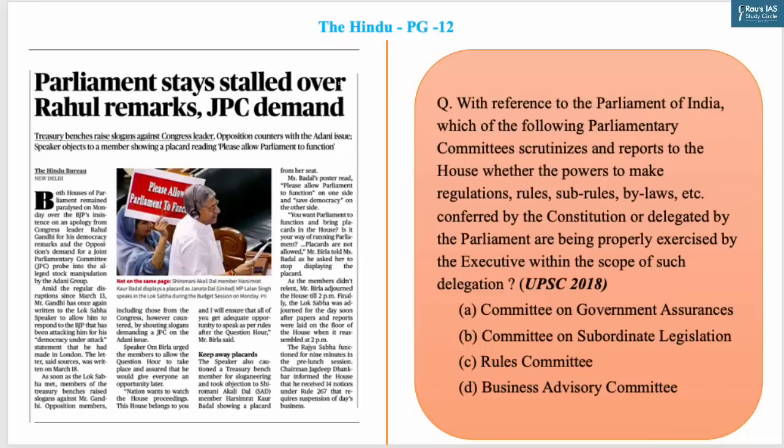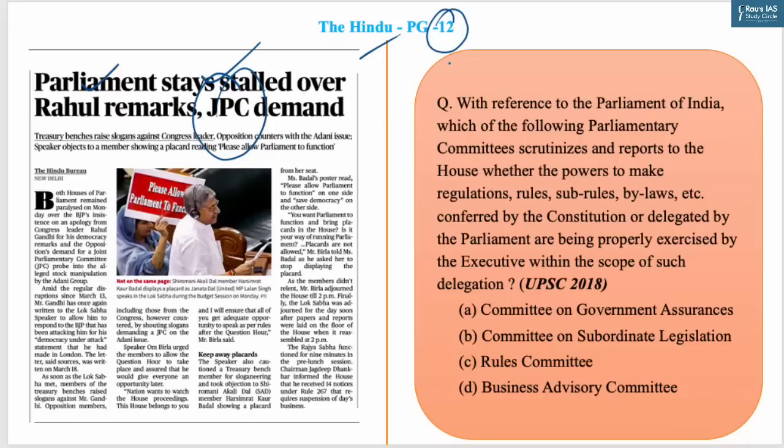Now, our prelims pointer is based on this news which appeared on page 12 in The Hindu newspaper. The context of this news is that both houses of Parliament remained paralyzed on Monday over the BJP's insistence on an apology from Congress leader Rahul Gandhi for his democracy remarks and the opposition's demand for a joint parliamentary committee, that is JPC, probe into the alleged stock manipulation by the Adani Group.